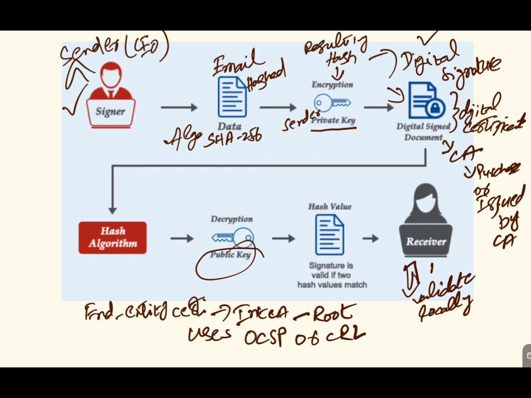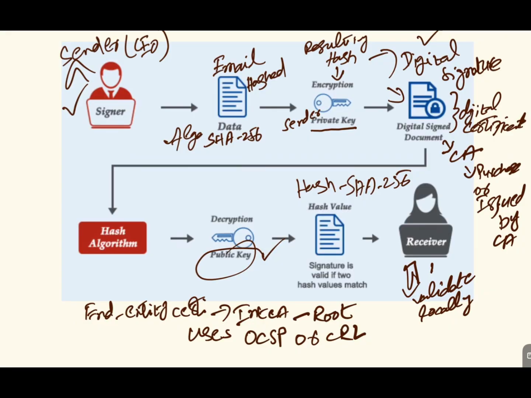Also the hashing algorithm information is available in this certificate, SHA-256, the hashing algorithm used to hash the email content. So the public key is available, the sender identity is available, and the email client extracts the sender public key from the certificate.